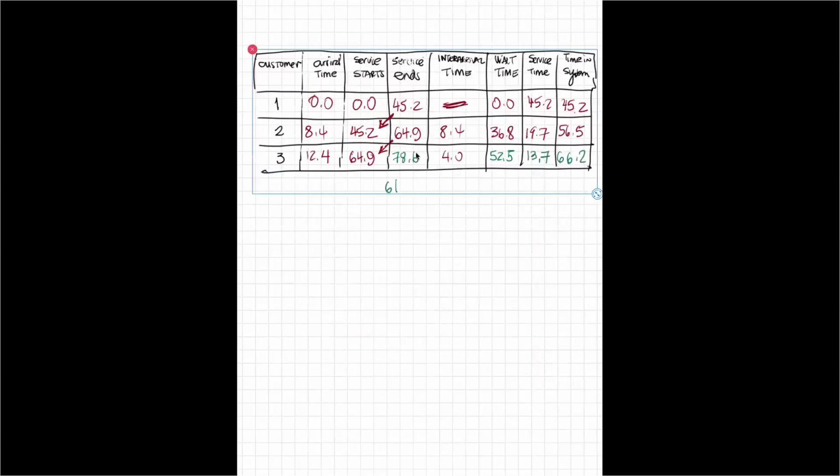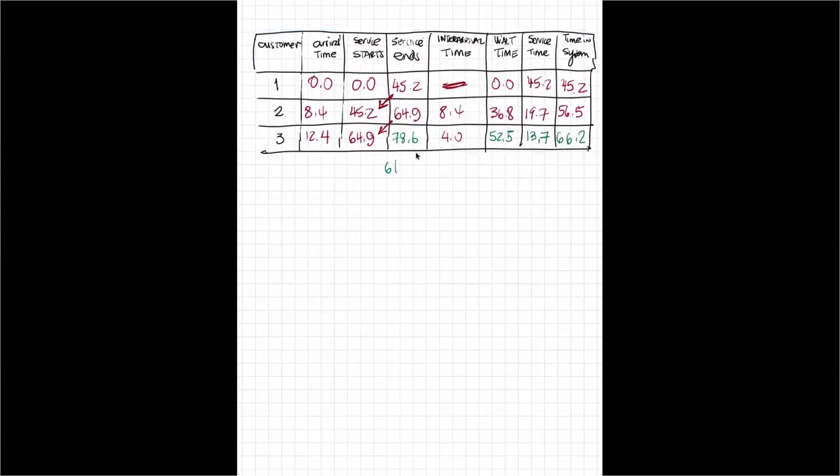Paste. Okay, good. So with this information, we can calculate important statistics. For example, the number of customers that we saw, 3. The average inter-arrival time would be 8.4 plus 4 divided by 2.